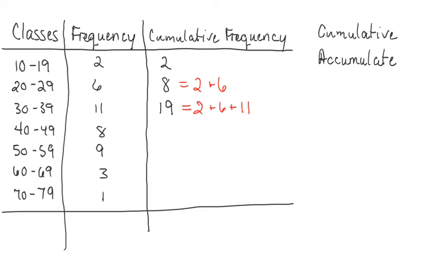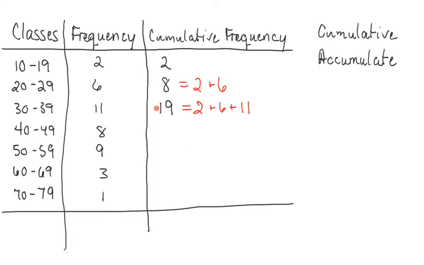Now, it's not necessary to actually write out every one of the numbers like this every single time. It is possible to just realize that, hey, the 2 plus 6 was already done up here. That gave us the 8. All we really need to do is then add 11 to the 8, and that gets us to 19.